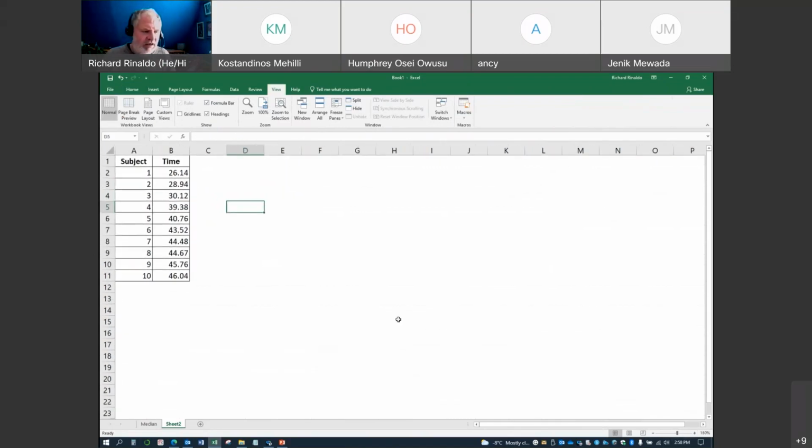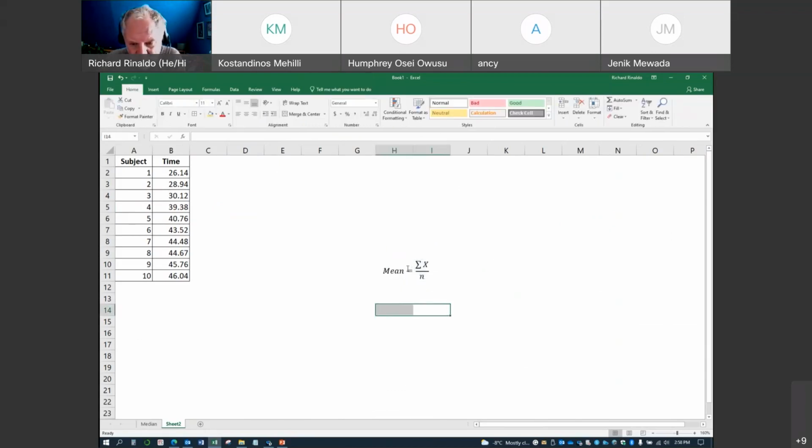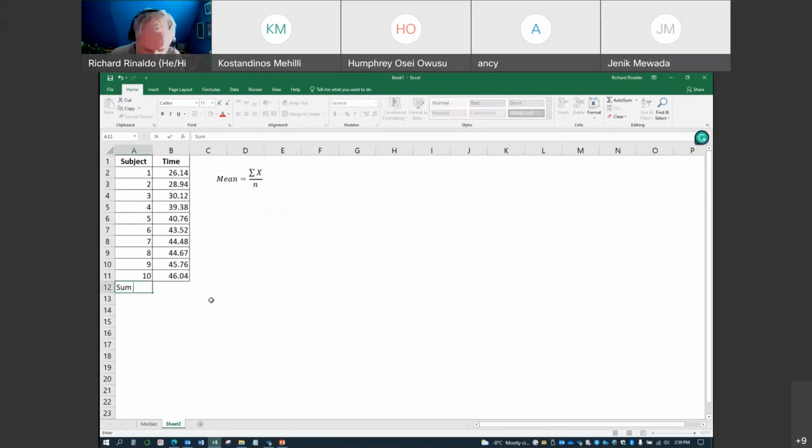Okay. The unweighted mean is the sum of the values divided by n. So let's put in an equation just so we know what's going on. The formula for the mean is simply the sum of x divided by n.